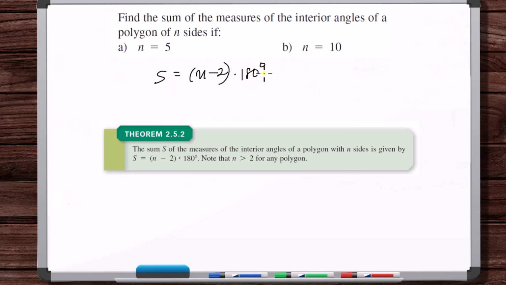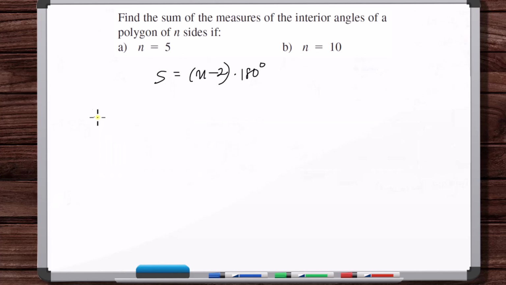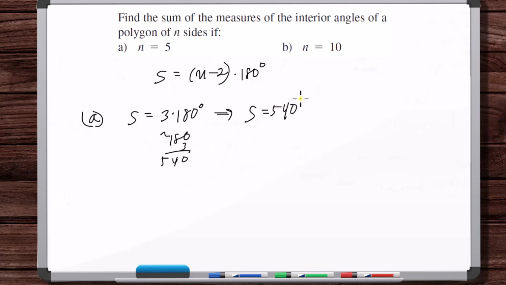And we talked about the proof of where this comes from, at least from the perspective of convex polygons. But this still applies to any convex or concave. So, if n is equal to 5, we've got 3 times 180 degrees. So 540 degrees.